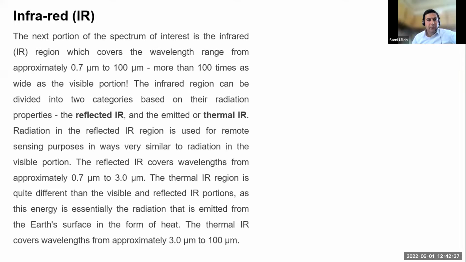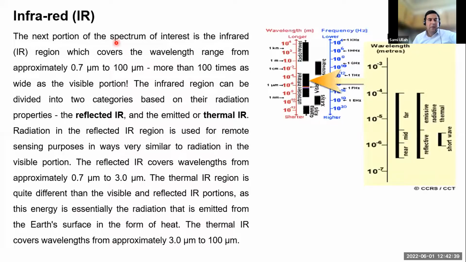After the visible, we have the infrared portion. The next portion of the spectrum is the infrared, which has wavelengths from approximately 0.7 micrometer to 100 micrometer, so more than 100 times as wide as the visible.